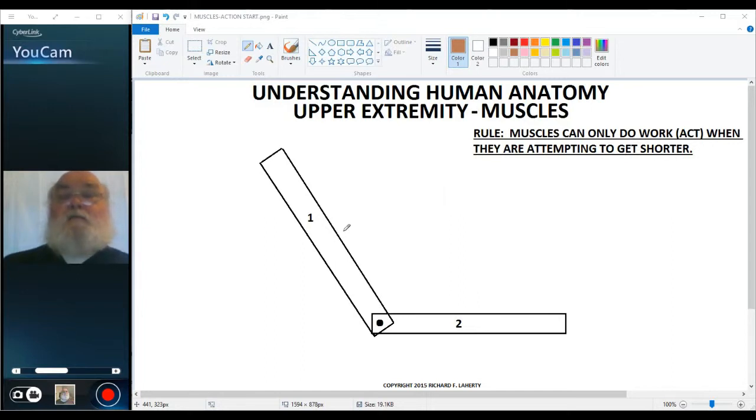So let's look at what can happen. If we take a muscle and have it run between bone number 1 and bone number 2, like so, given its location, this muscle would have to be a flexor.